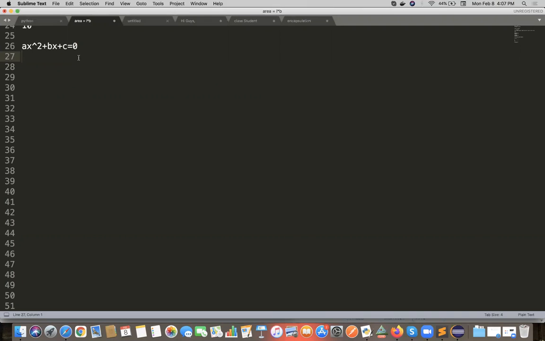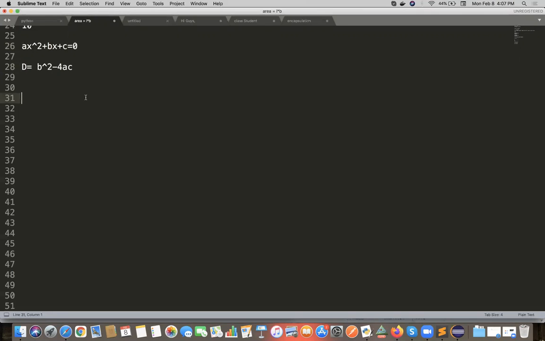And there could be an imaginary case, which we determine with the discriminant. So we say b square minus 4ac, right? So a, b, c are the coefficients of the equation here, and the discriminant is b square minus 4ac.